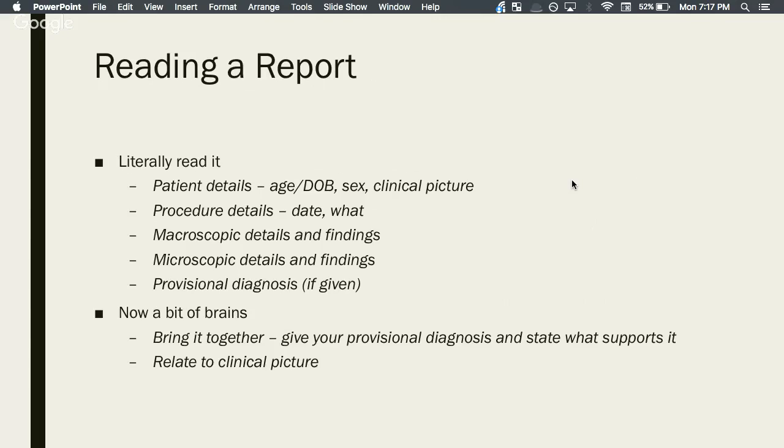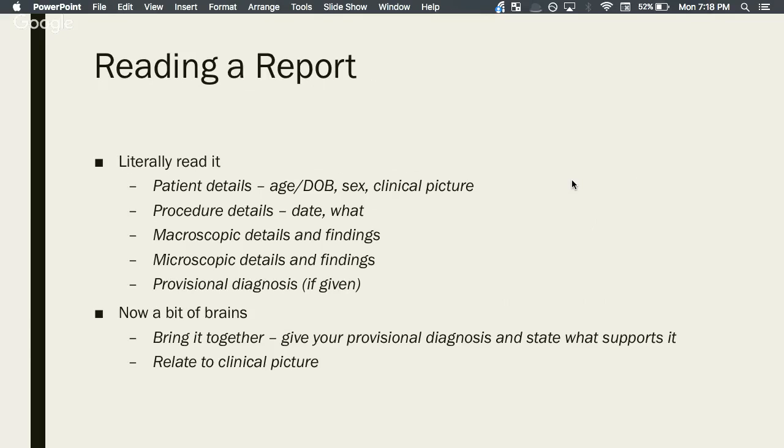In terms of reading a report, you literally read it. You read the patient details, you read everything, the clinical picture, what they presented with, the procedure details, the microscopic findings, and if they're given a provisional diagnosis, you also read that.